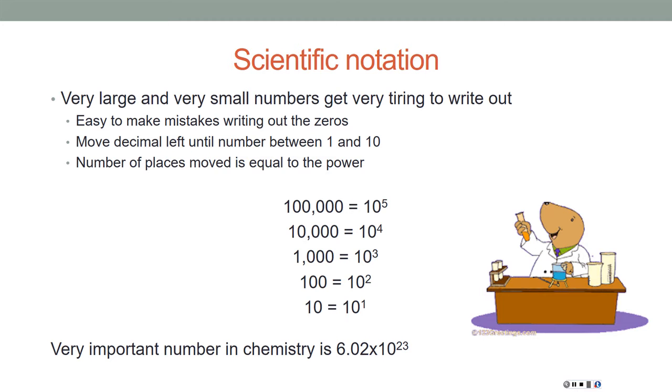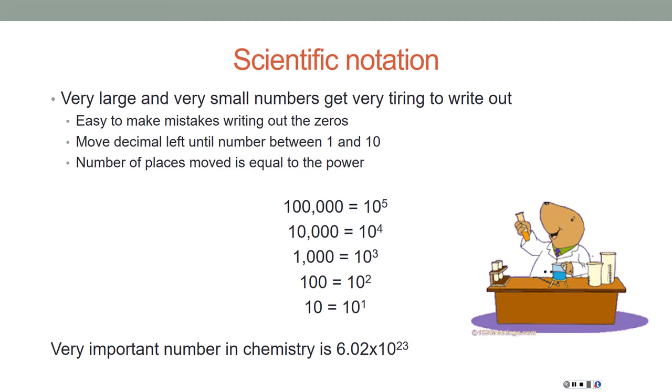So let's take a number such as this, 345. To turn this number, which is decimal notation, into scientific notation, you have to do two things. The first thing you have to do is make the number between 1 and 10.